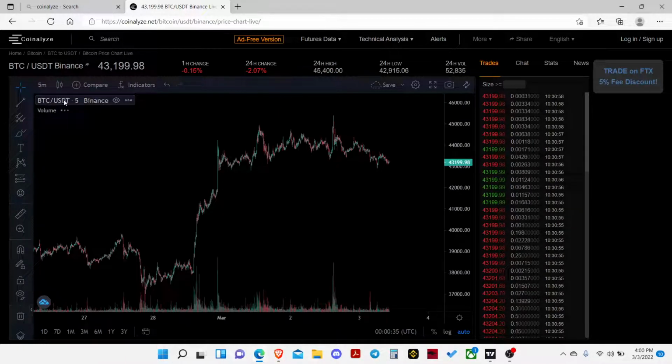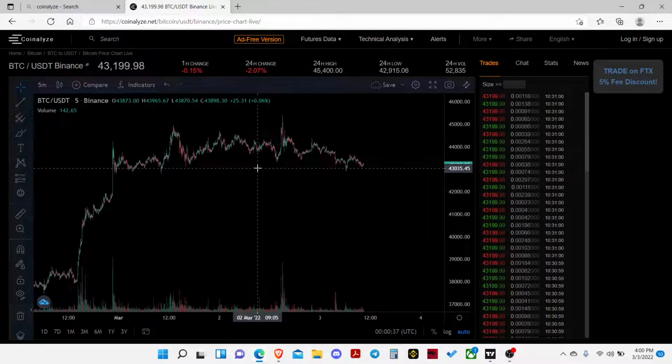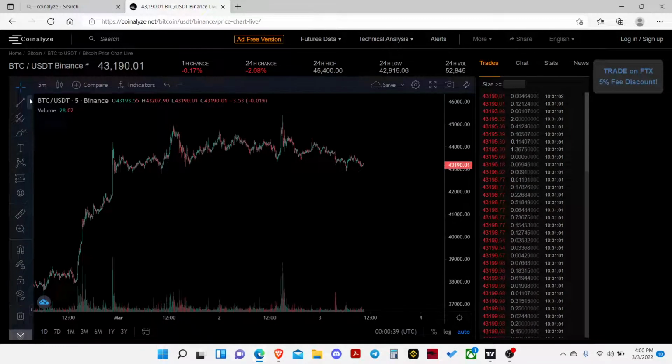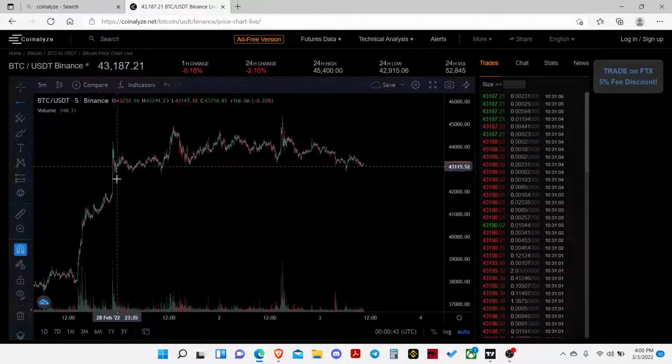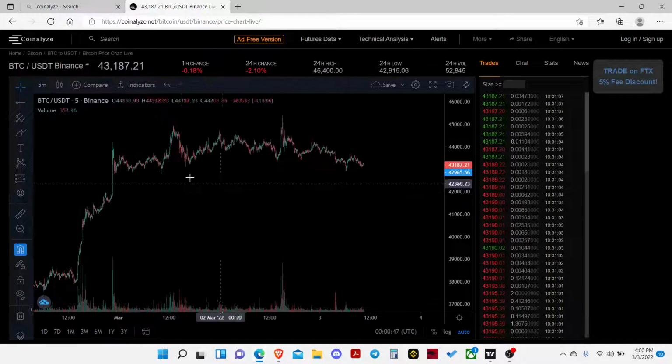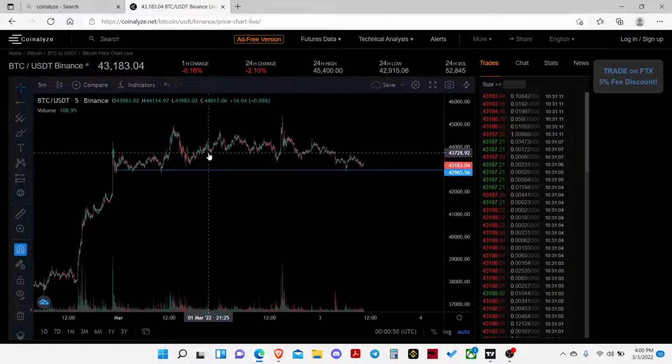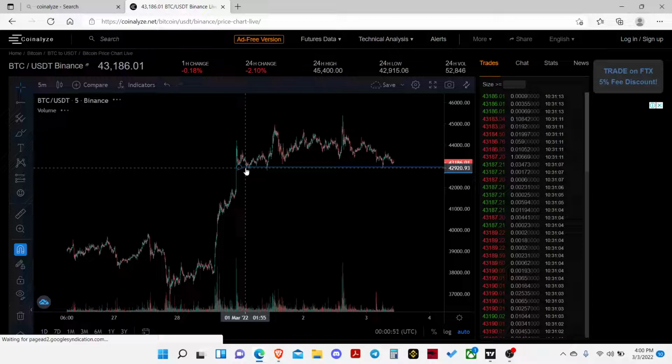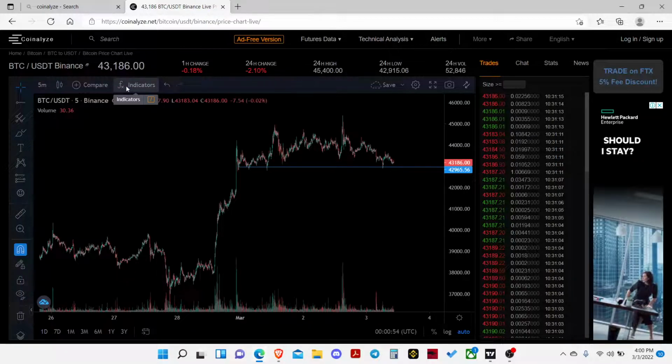When it is in spot or futures, sometimes FTX has bigger levels of volume than Binance, but most of the time it's Binance.